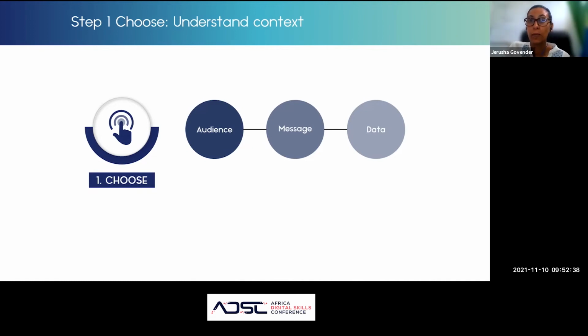Who is this person or persons that's going to read this? Secondly, what is the message? So like the women and HIV, what is that kind of red robot or key statement that you want the individual to know or take home? And then lastly, what's the right data for this? So now that I know who I'm presenting to, I can start making choices around what data to include and not include.